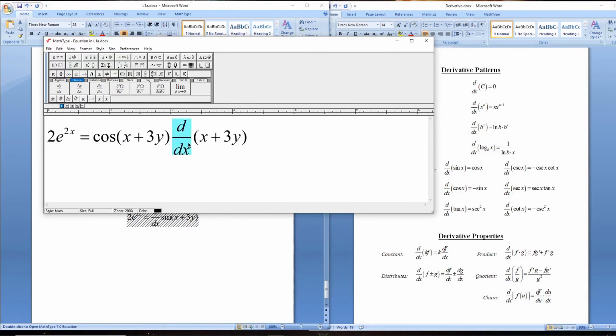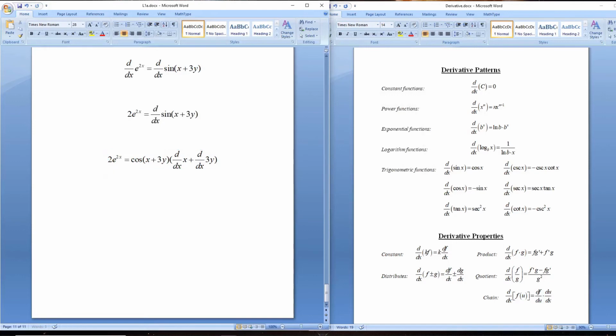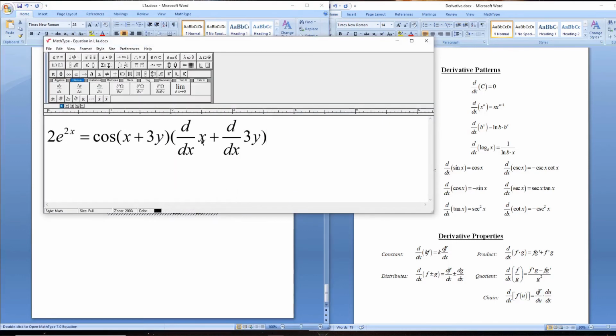So let me distribute the derivative into the parentheses. And I'll leave that as a line of work there. And the derivative of x is 1.